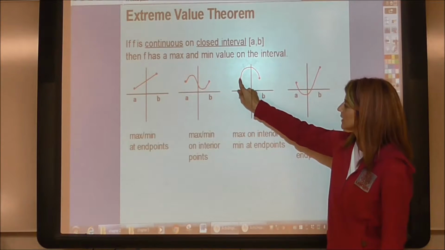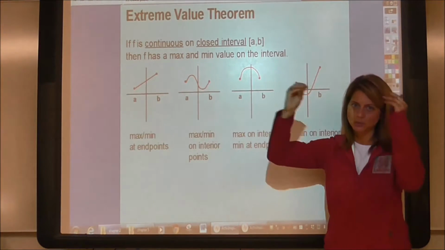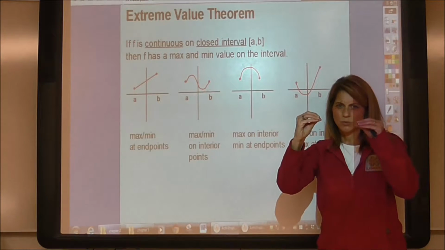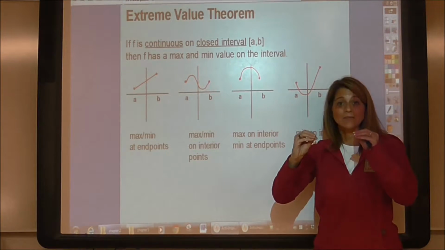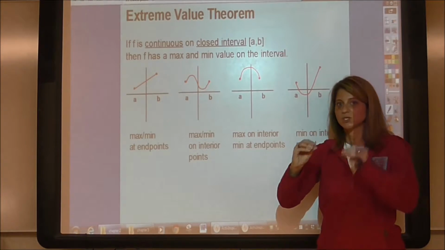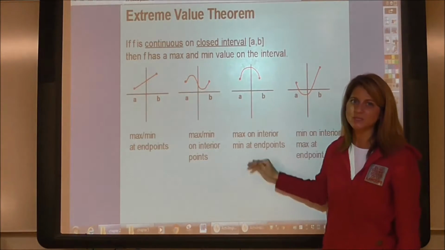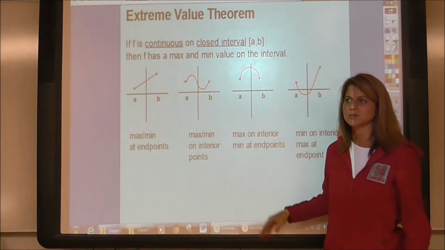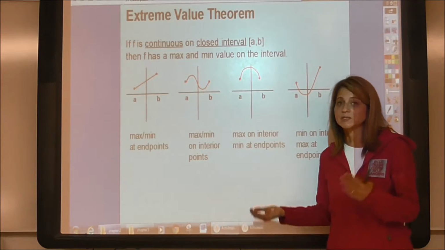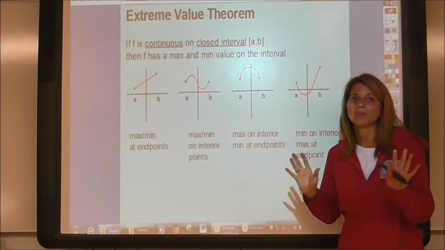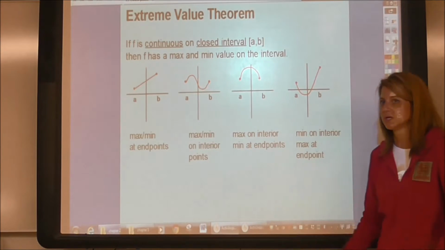I have a minimum at A and I have a minimum at B. They're supposed to be even. I think when I drew them, one's a little off from the other, but just pretend. So I have two minimums. They're even with each other, and that's okay. I've got minimums, and those happen to be at endpoints. So sometimes maximums and minimums are on the endpoints, and sometimes they're on the interior. But they exist, is all I'm trying to get you to see.